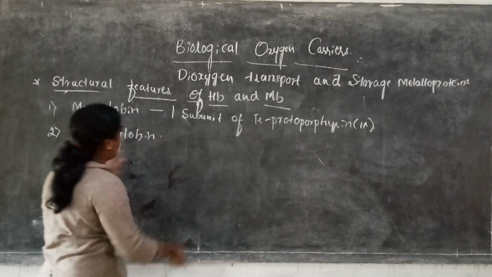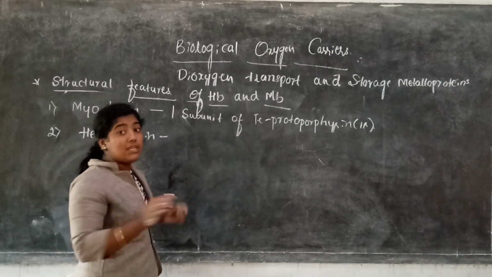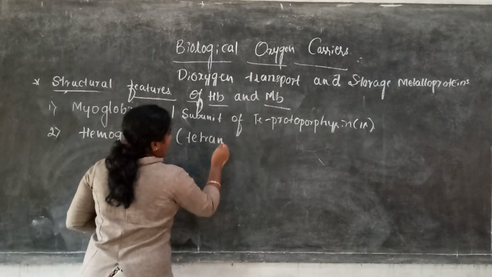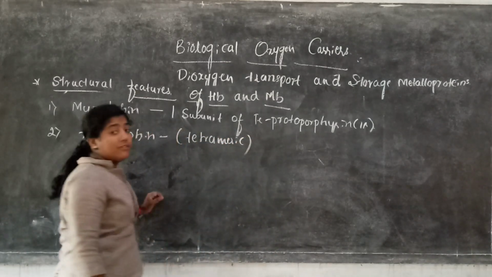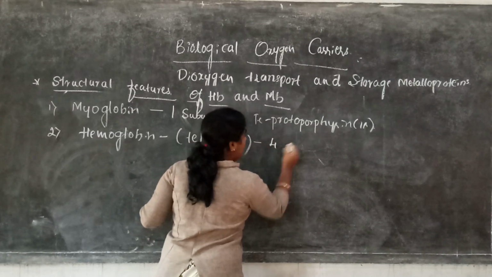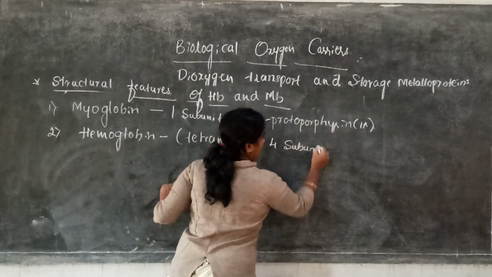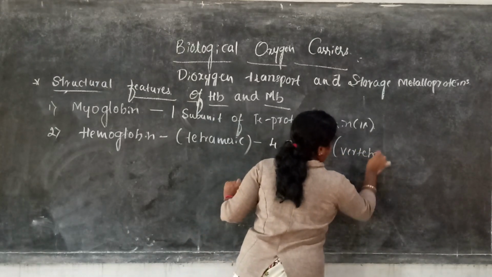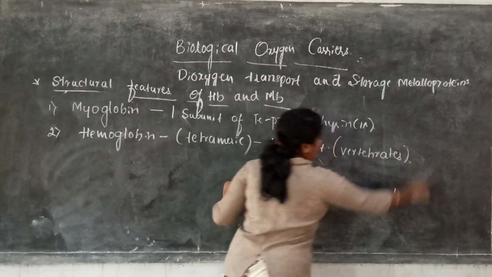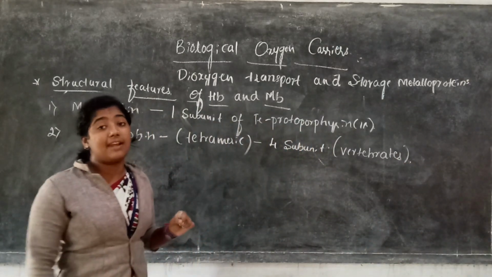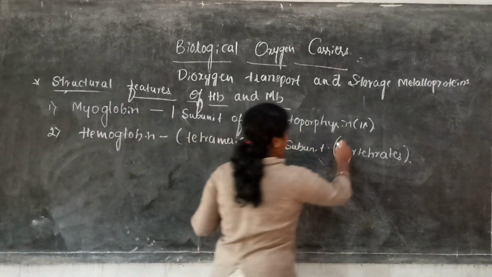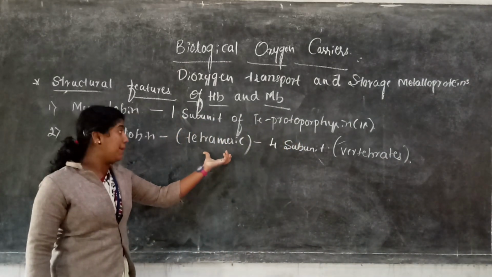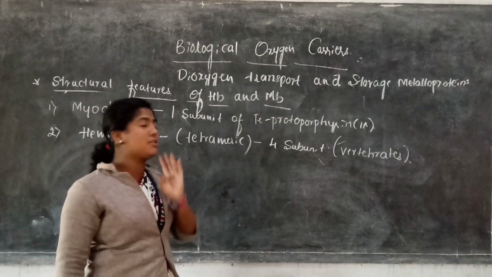Hemoglobin is tetrameric, meaning it contains 4 subunits, so it acts as a tetramer in the invertebrate family.